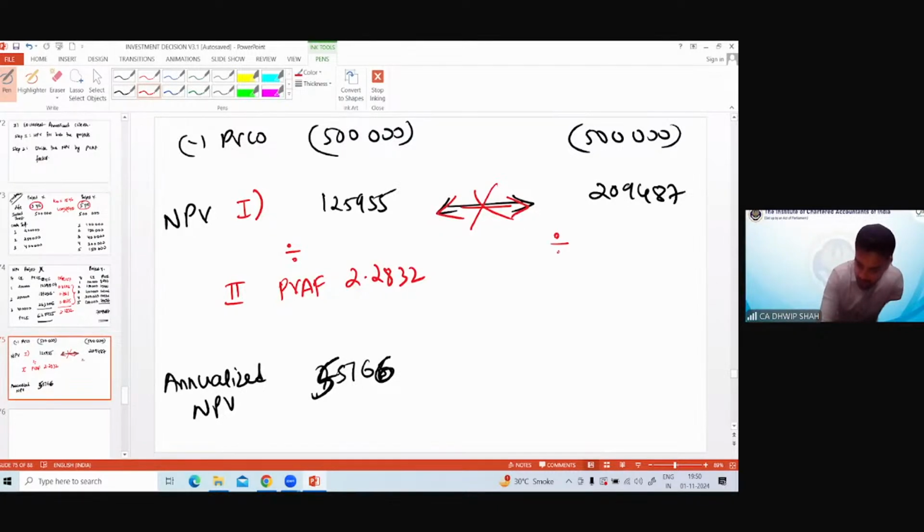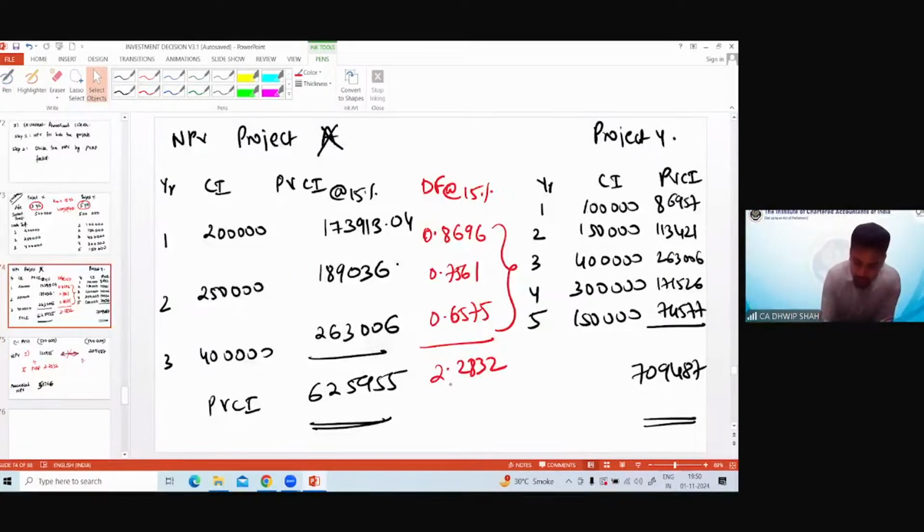Again, for project Y, similarly, we will divide it by PVAF. See, for project Y, it cannot be 2.2832. We need to add the discounting factor of year 4 and the discounting factor of year 5 as well to this 2.2832.